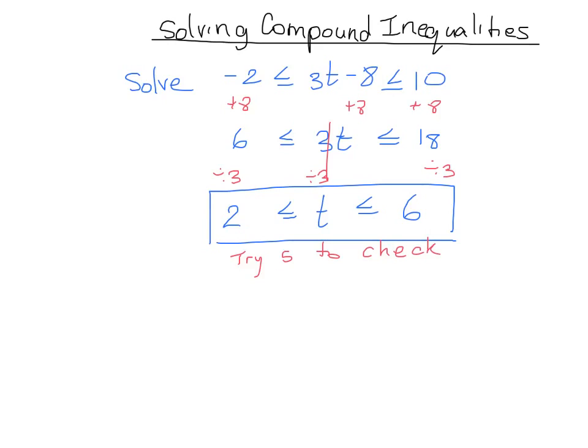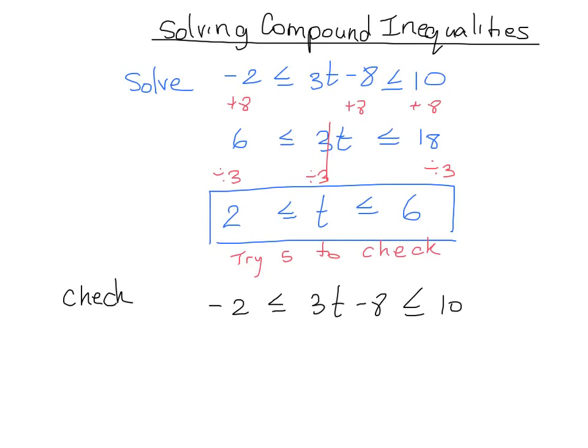I'm going to take 5 and plug it into our original inequality, which was -2 is less than or equal to 3t minus 8, which is less than or equal to 10. Again, this is just a check. It's not required, but if you want to make sure you're getting the answer right, you want to check.